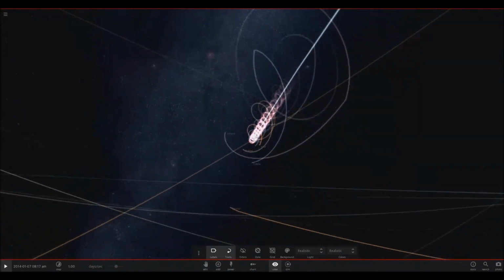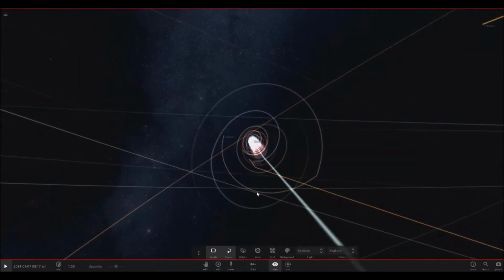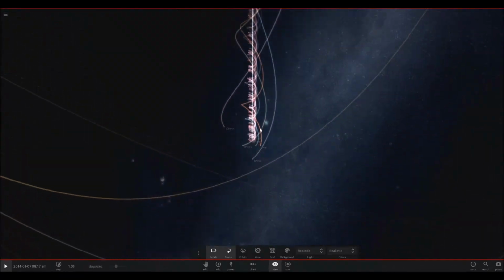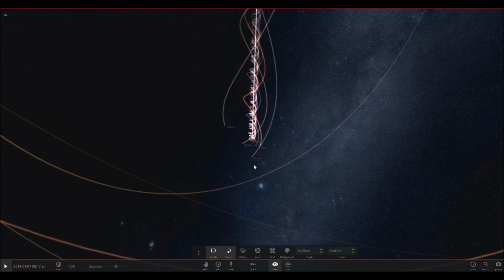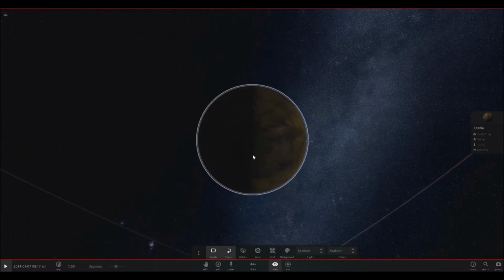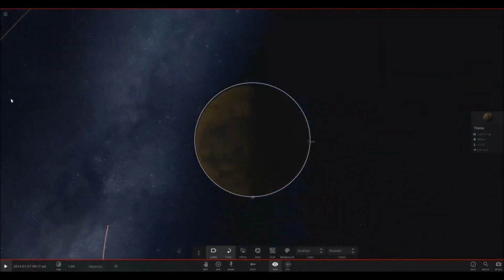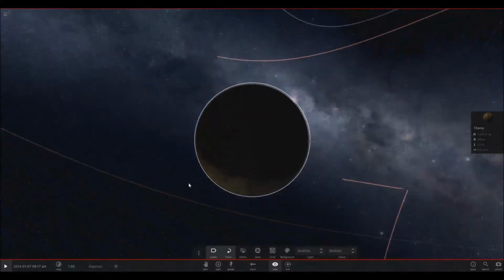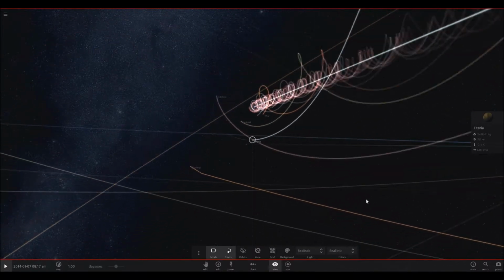Not quite as many, but it's a smaller planet than Jupiter and Saturn. And I believe the most famous one is Titania. There we go, we can zoom in and have a look there. So we've got a rough idea. Okay, let's zoom back out again.